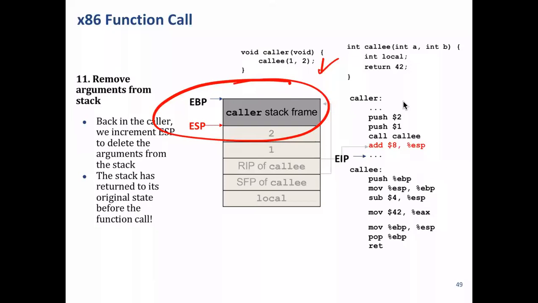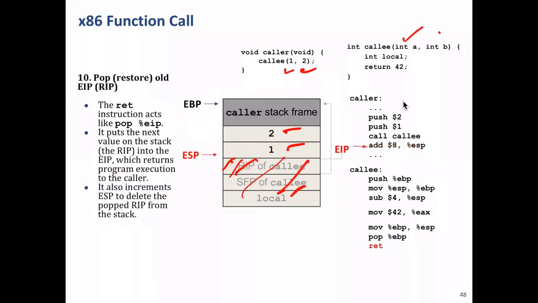Only when the function execution is over does the value of EBP go back to the previous one. The old EBP, or base pointer, is saved on the stack, and when we pop it, we get the value of EBP. Okay, any question?